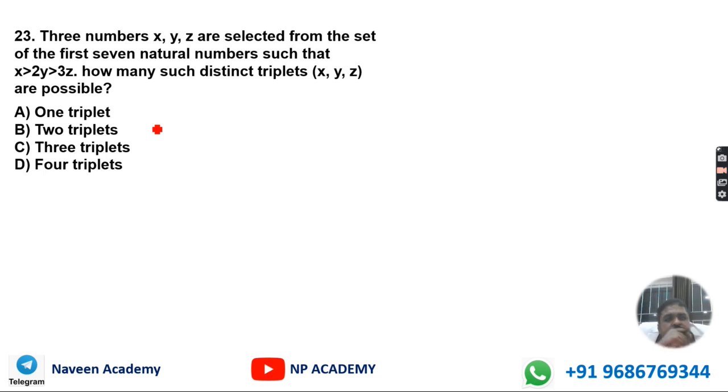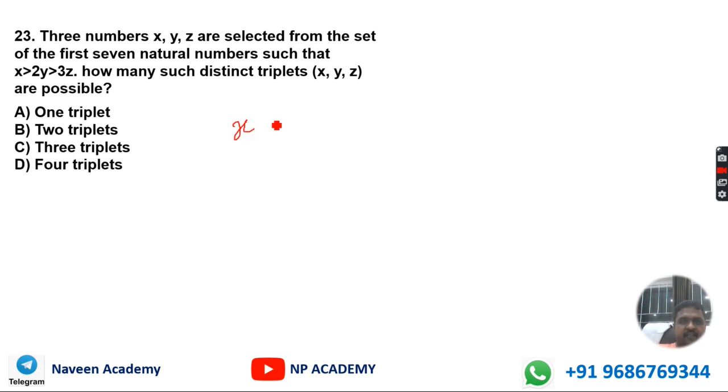Now next problem: 3 numbers x, y, z are selected from the set of the first 7 natural numbers such that x is greater than 2y, which is greater than 3z. How many such distinct triplets are possible?